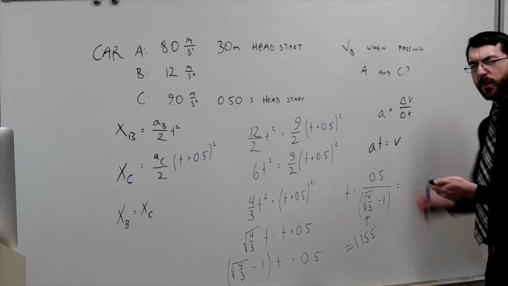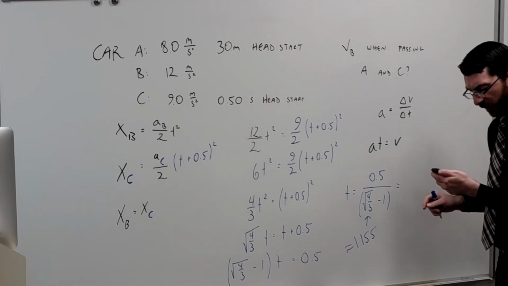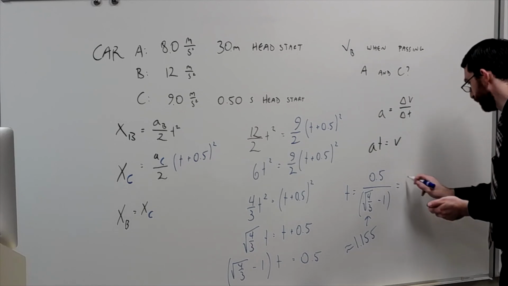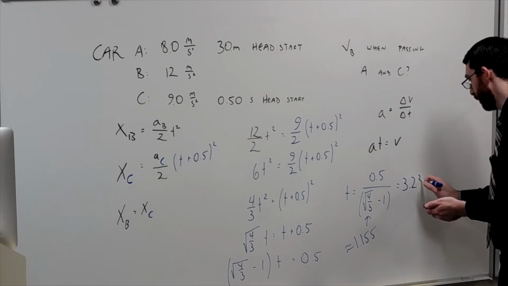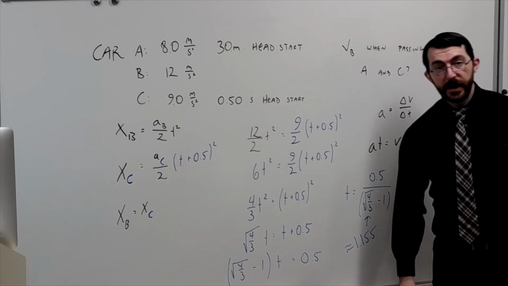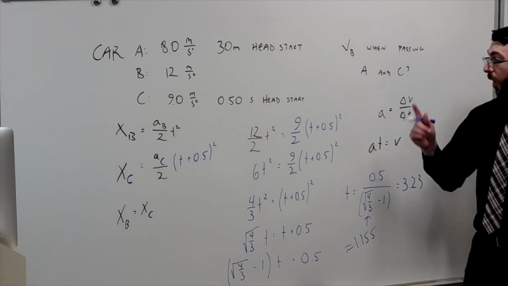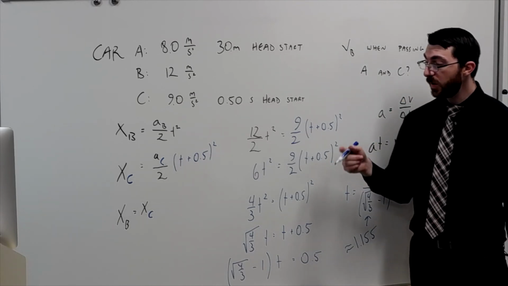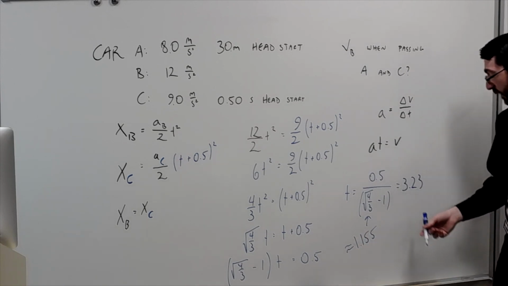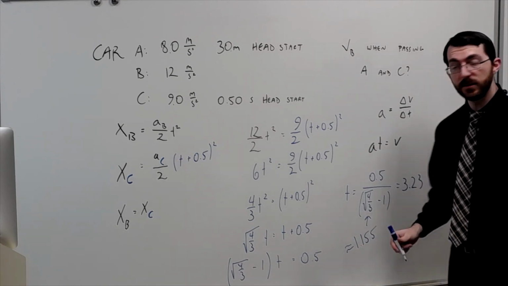To 3 significant digits because I have another equation yet. 3. Yikes. Okay, so car B passed car C at approximately 3.23 seconds.